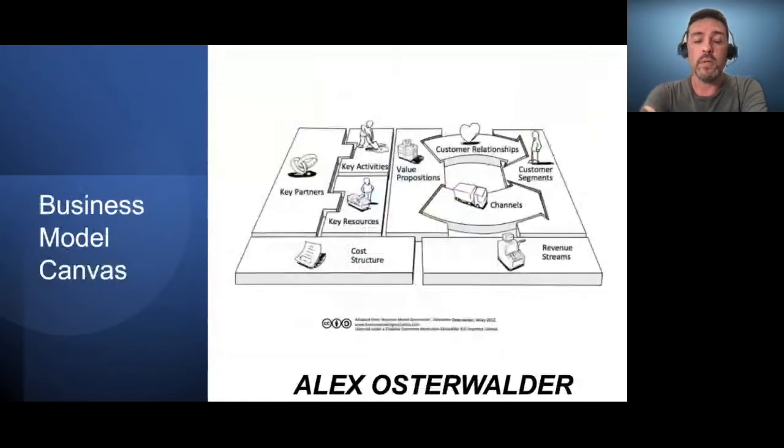There are several characteristics that any exponential organization has, and you can see them there. We don't have the time to go deep on each one, but there are many of them that are related to the third component of things that you need to understand in order to be able to build the exponential product, which is the business model. And the business model is a sort of compass that will allow us to understand not only the purpose that the product wants to fulfill, but also the how, right?